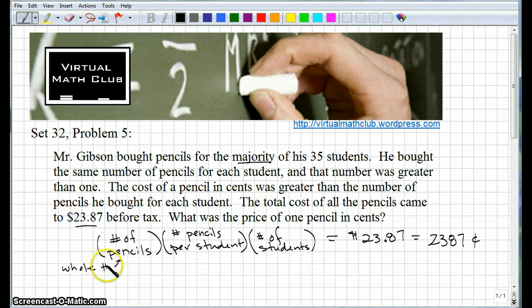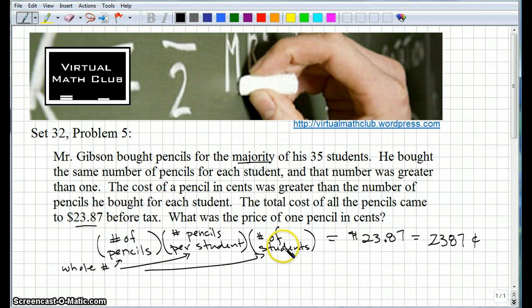The number of pencils per student has to be a whole number because he's not going to give a student half a pencil or a quarter of a pencil. And the number of students has to be a whole number because he's not going to buy for half a student or a third of a student. So whatever these numbers are, they have to be whole numbers.